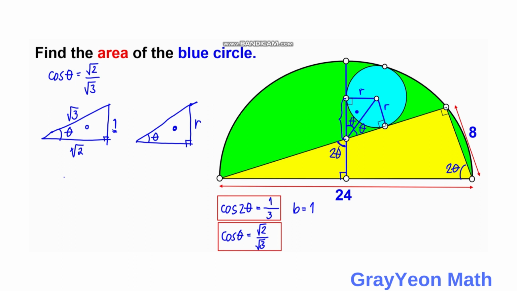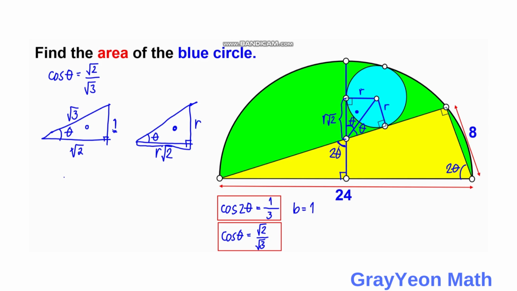So this implies that we just need to multiply this r by square root of 2 to get this side. So on the figure, this becomes r square root of 2.